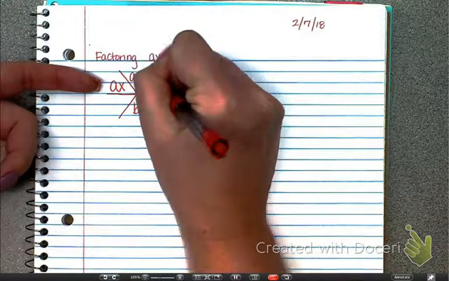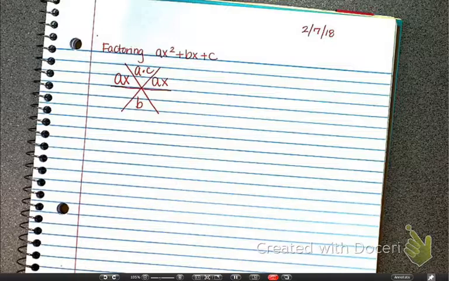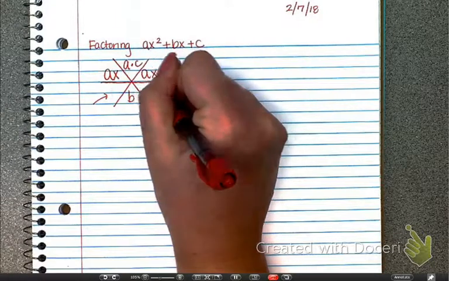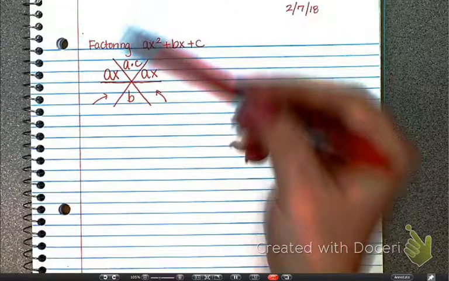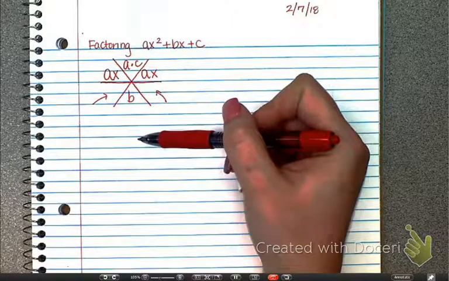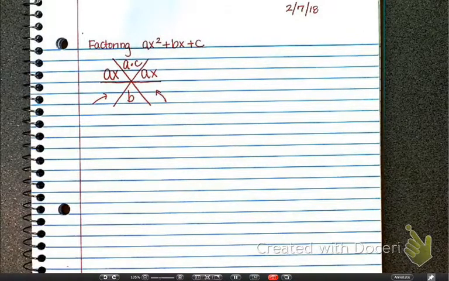So if A is 5 and your variable is X, you would put 5X on both sides. That's just an automatic fill-in. Okay? And then these are our factors just like before. So what two numbers multiply to A times C and add to B. We're literally doing the same thing with a fancier X.